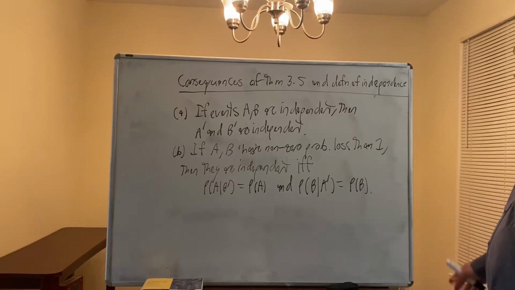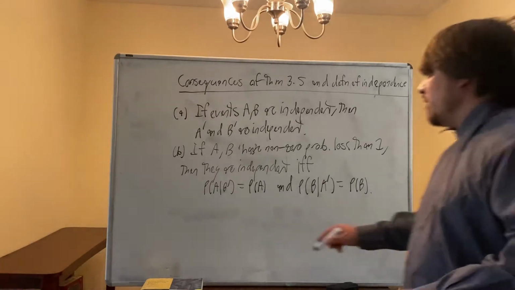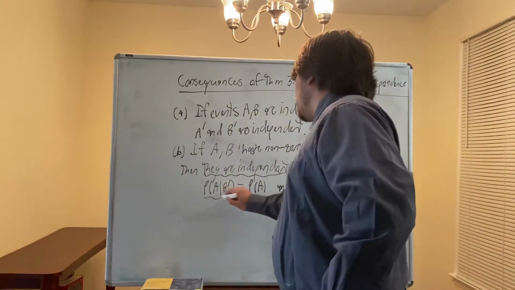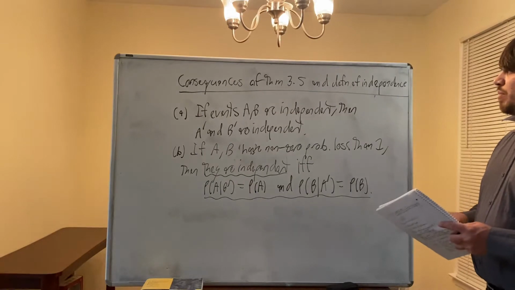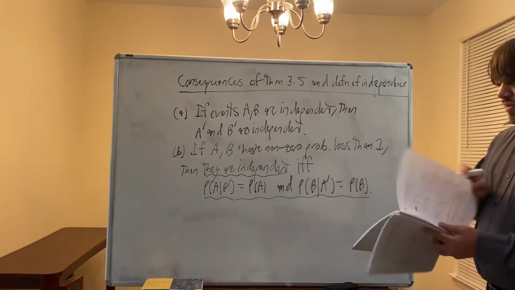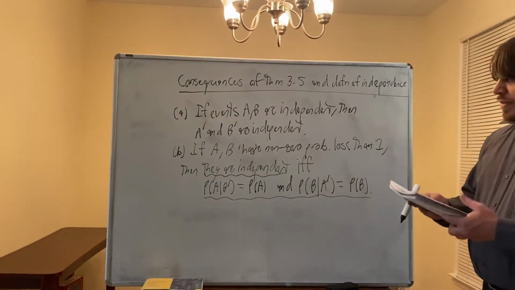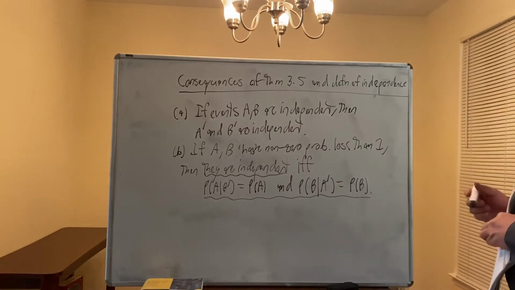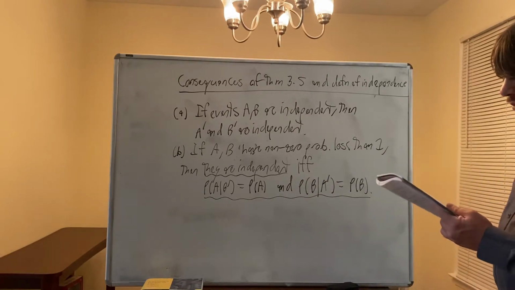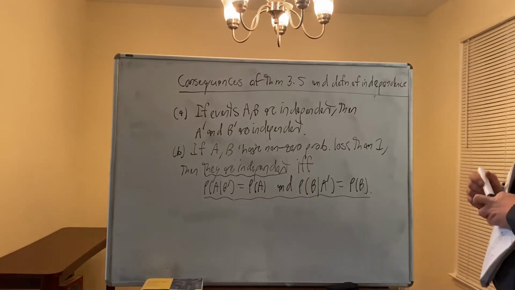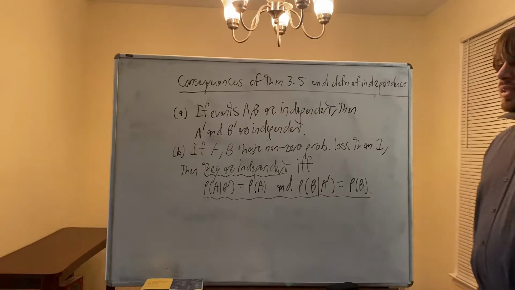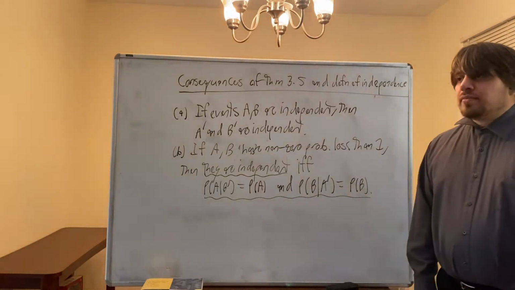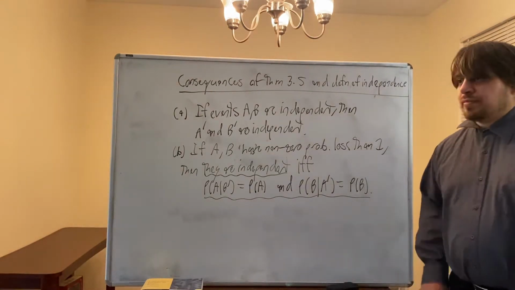If A and B have non-zero probability less than 1, then they're independent if and only if those two equations hold. Okay, and so those are consequences of the last theorem, theorem 3.5, and the definition of independence. Give you a second to look at it. Okay, let's keep going.